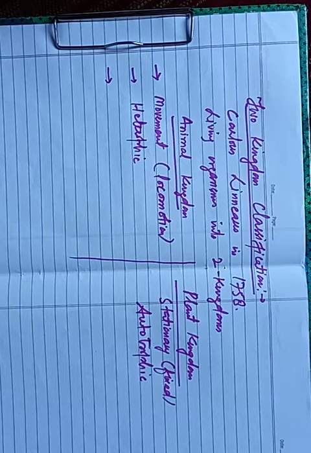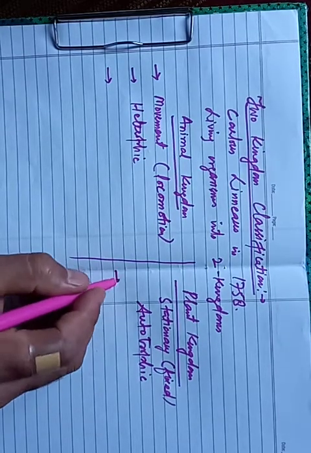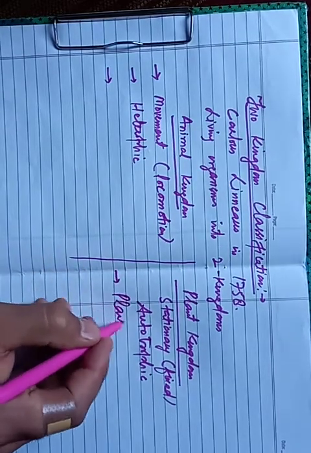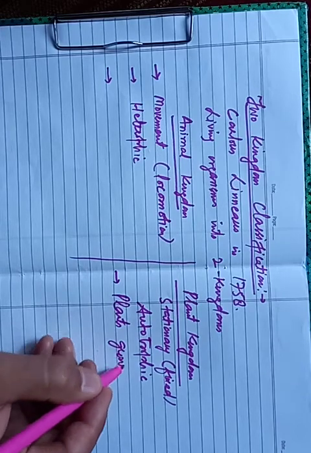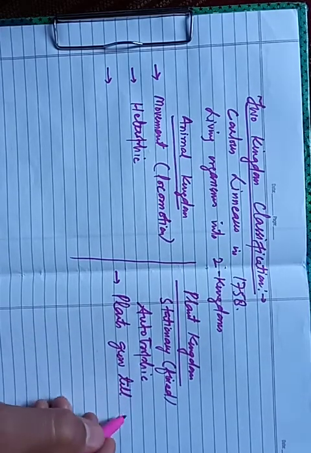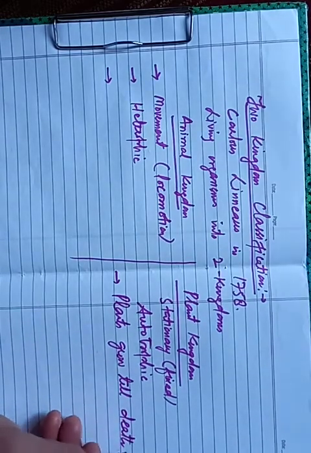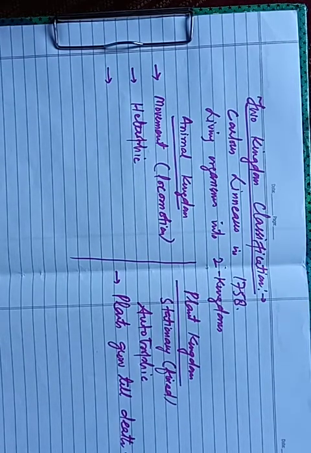The third difference was the pattern of growth. Plants grow till death. Plants always, their growth does not stop till their death.